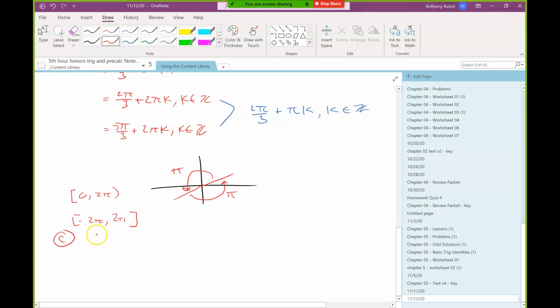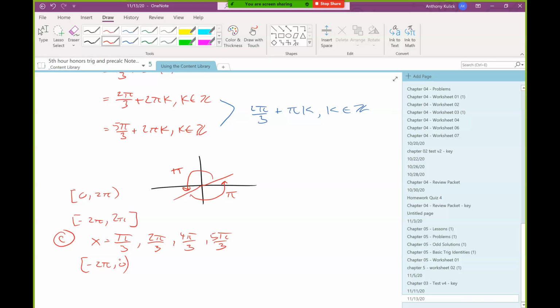So all of our answers for part A will also be answers for part C. That'll be true always for all of these problems. The part that we haven't dealt with yet then is that interval from -2 pi to 0. That part we haven't found out if we have any answers in, right?